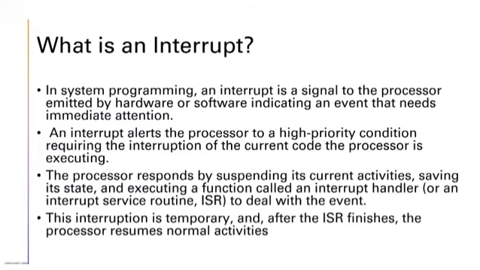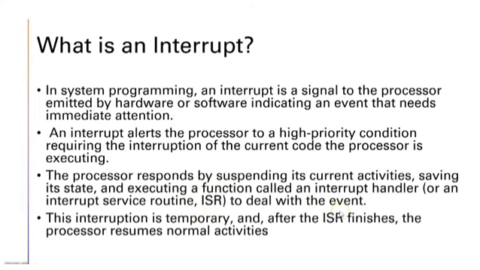So what will happen when an interrupt comes? The processor will respond to the interrupt signal by suspending its current activities, saving the state, and executing a function called an interrupt handler to deal with the event.